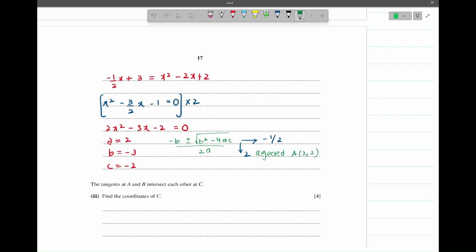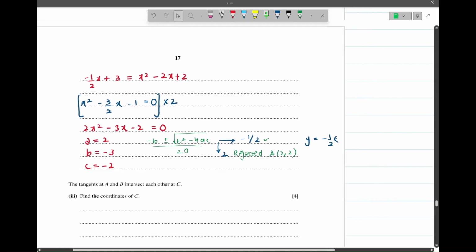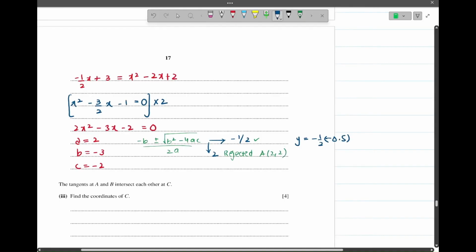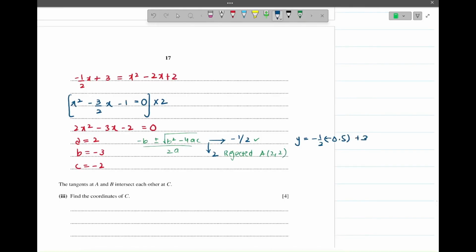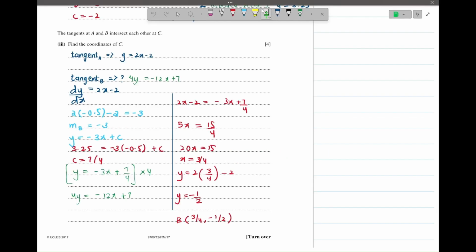So this one is going to be rejected, this one is going to be accepted, and then you will put negative 1 over 2 into the original equation that we found, and that's going to give you 3.25. So your final answer is going to be the coordinates of B, negative 1 over 2 and 3 whole 1 over 4.